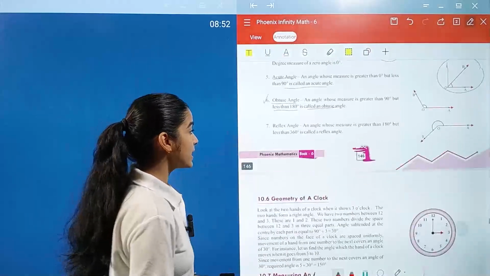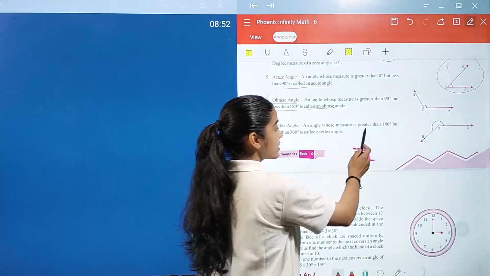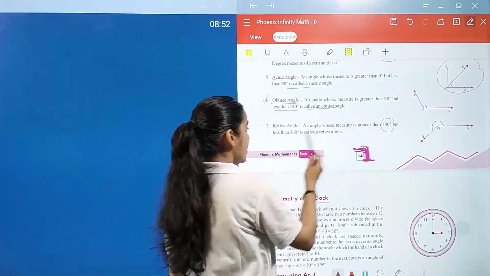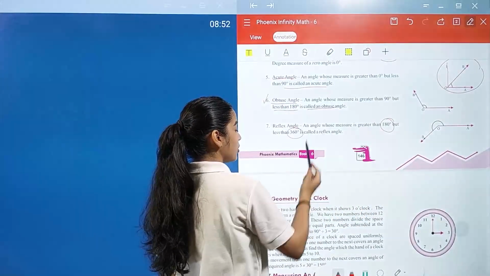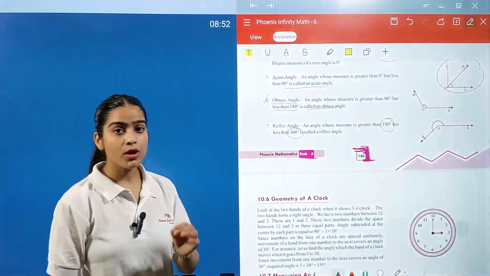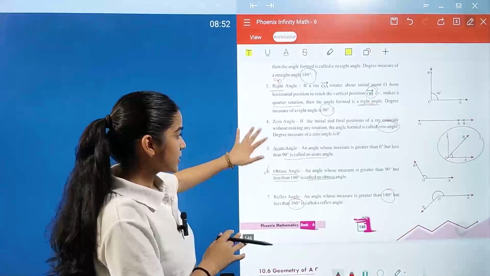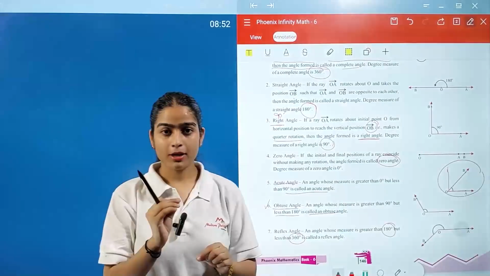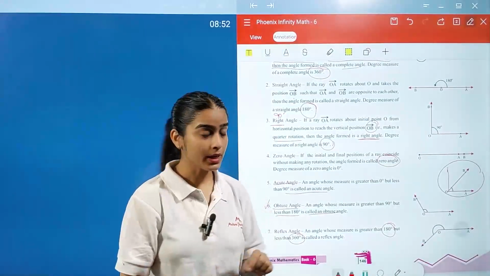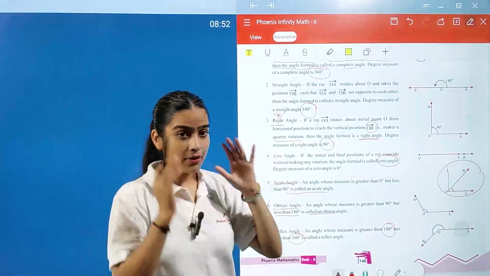Now we have reflex angle. An angle whose measure is greater than 180 degree but less than 360 degree is called a reflex angle. So what you have to do here, first of all, while you are seeing this video, is take a sheet of paper, name these angles, and classify them.